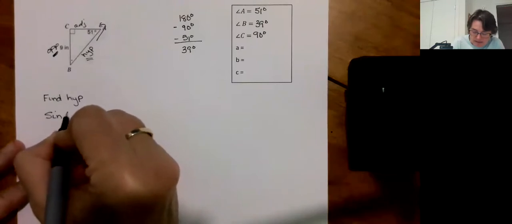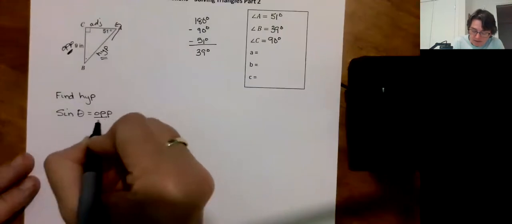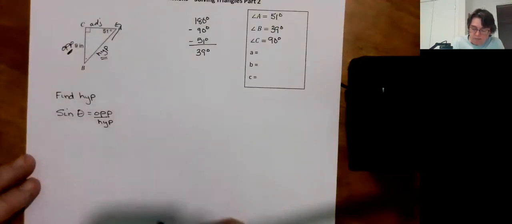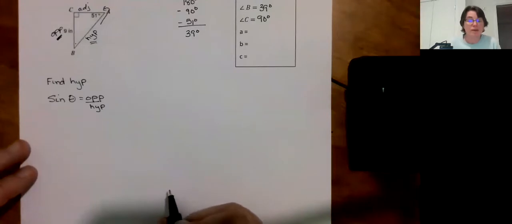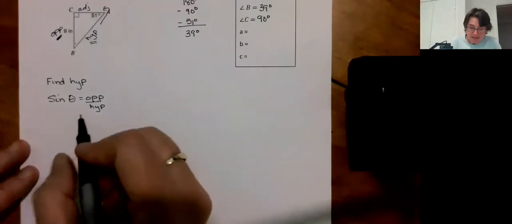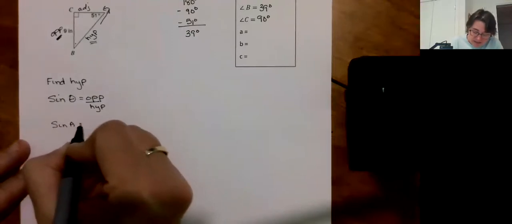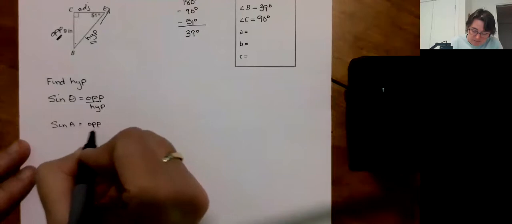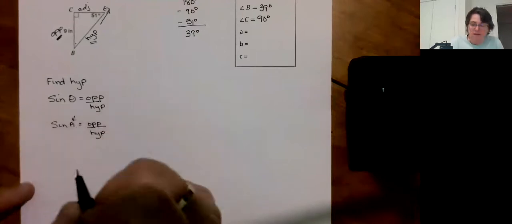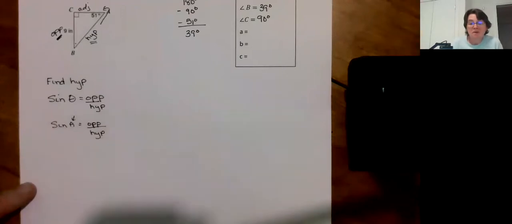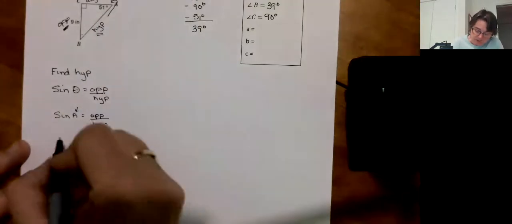Sine theta is opposite over hypotenuse, because that's the formula I've memorized since I was a kid. So now I'm going to have sine A is equal to opposite over hypotenuse. I could have used the A in the first place. Whatever works for you. Because right now, where that A is, I know that's 51.